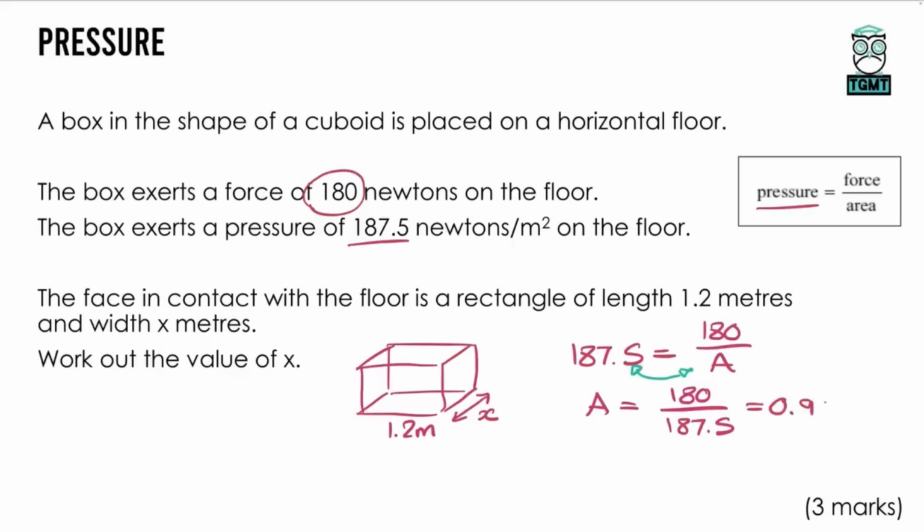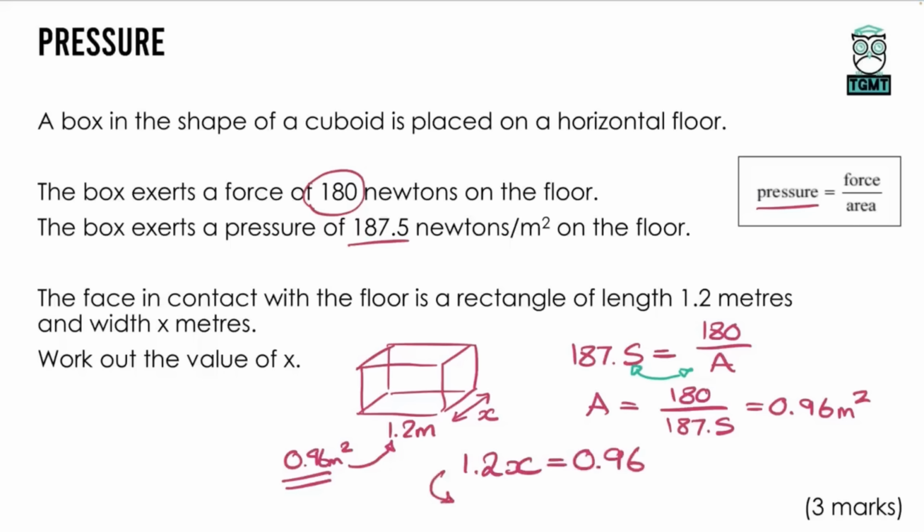0.96. There we go. So 0.96 is the area, and it's in metres, so that's metre squared. So the area of the base of this rectangle here is 0.96 metres squared. We want to know the width. Well, length times width is the area for a rectangle, so 1.2 multiplied by x is equal to 0.96.